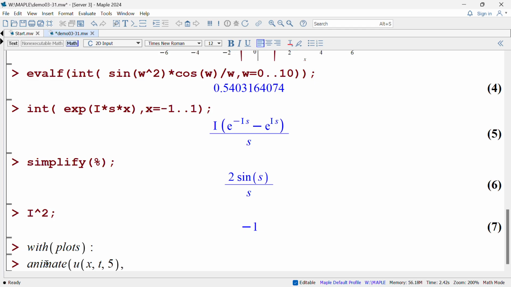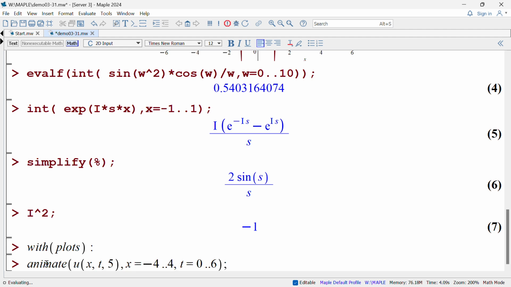And then I'm going to make x go from, how about minus 6 to plus 6. Nah, minus 4 to plus 4. How about that? And then t is the animation variable. I'm going to make t go from 0 to 10. Maybe I better be careful in the beginning. 6. That should do it.